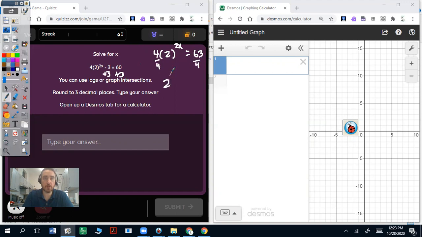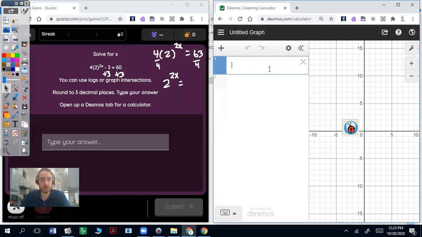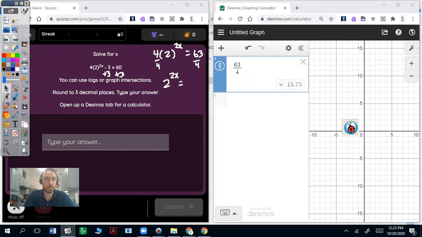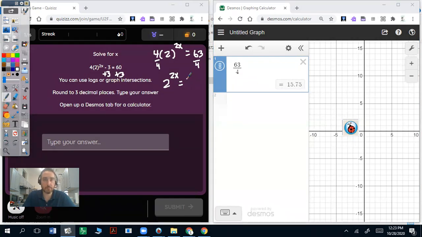So we're going to have 2 to the 2x equals 63 divided by 4. That is 15.75. Then we're going to do a log base 2 of 15.75, and we're going to say equals 2x.